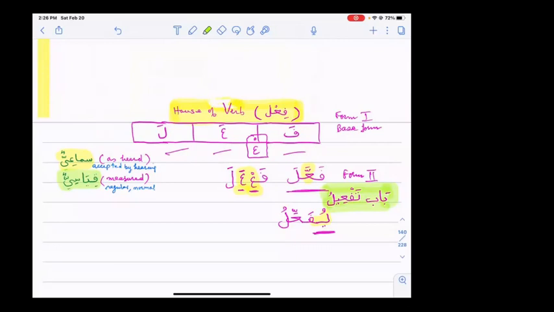So I was introduced to this term, Bab Taf'ilu. They didn't say form 2. I said, why should I say Bab Taf'ilu? I already know it is form 2. But then later on, I realized the in-depth philosophy of this Bab Taf'ilu.